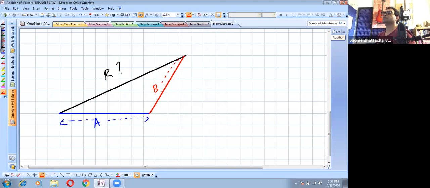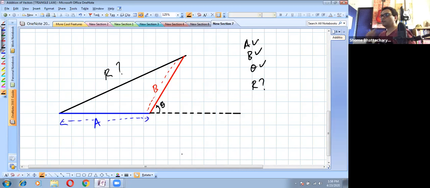So this is B. And one more piece of information that I have about this triangle: if I just extend this line, in this diagram the additional information I have is that I know this angle theta. So A is known, B is known, theta is known, and we have to find out the magnitude of R. Let's say that is our problem.